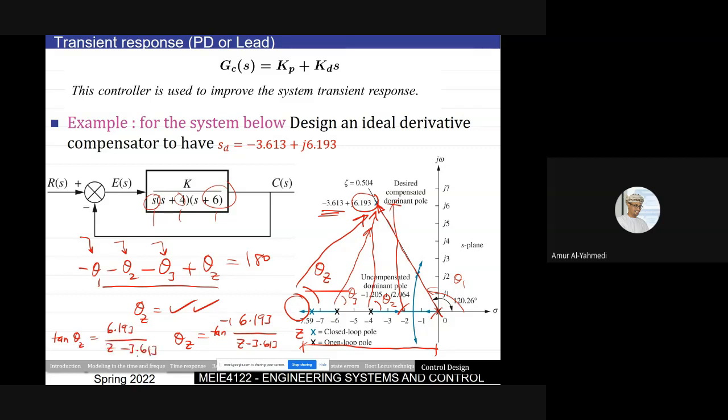So I can get Z from this. I can calculate Z, and I can know the position of the zero to be at this point, here.